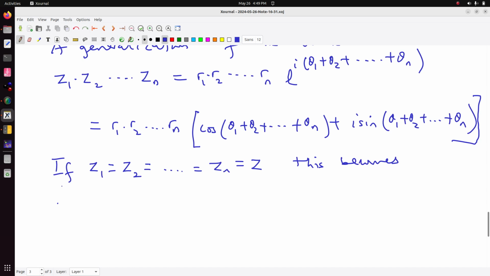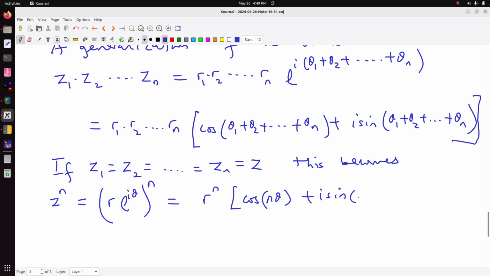So we now have z raised to power n. That will be r exponential i theta raised to power of n, which you can write as r raised to power n, then cos n theta plus i sine n theta.